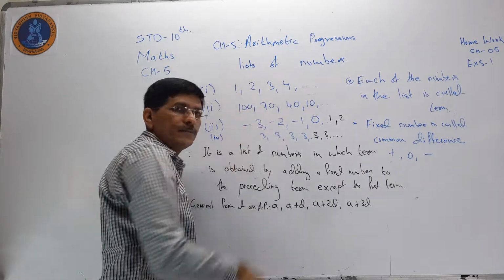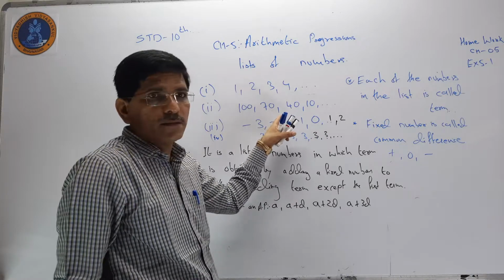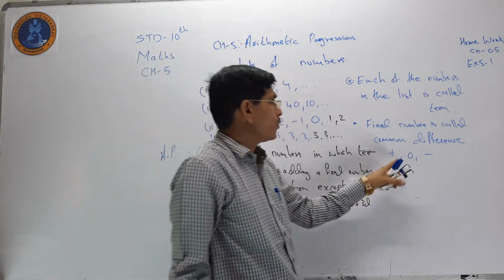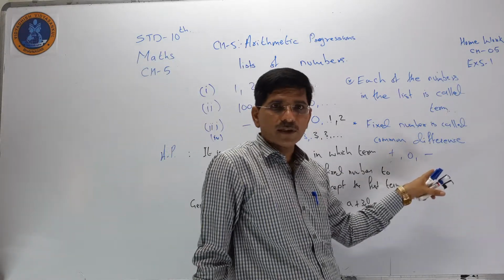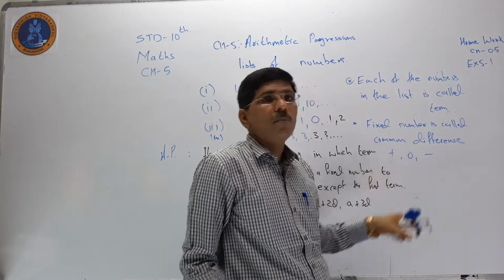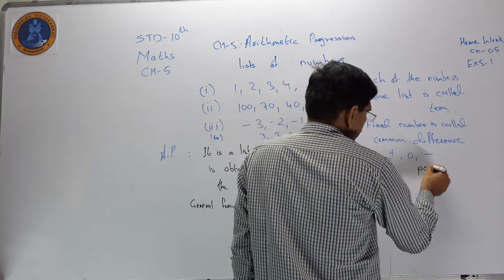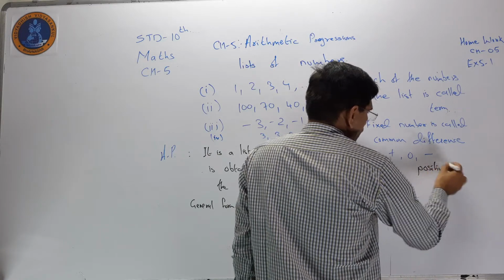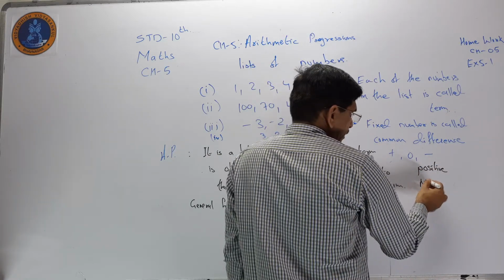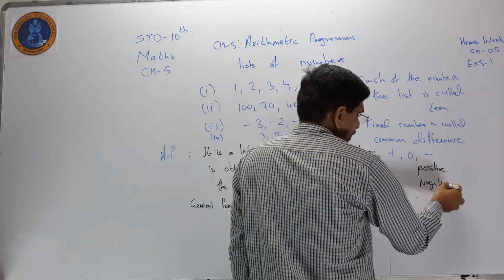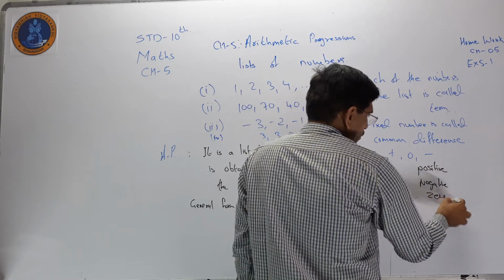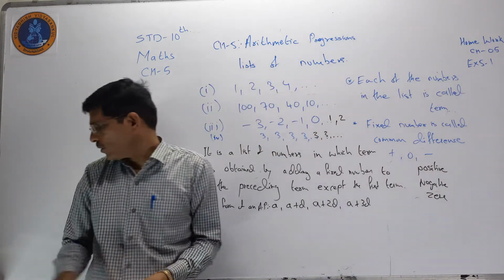Here it is negative: minus 30, minus 30, minus 30. So the common difference can be positive, can be negative, and can also be 0.